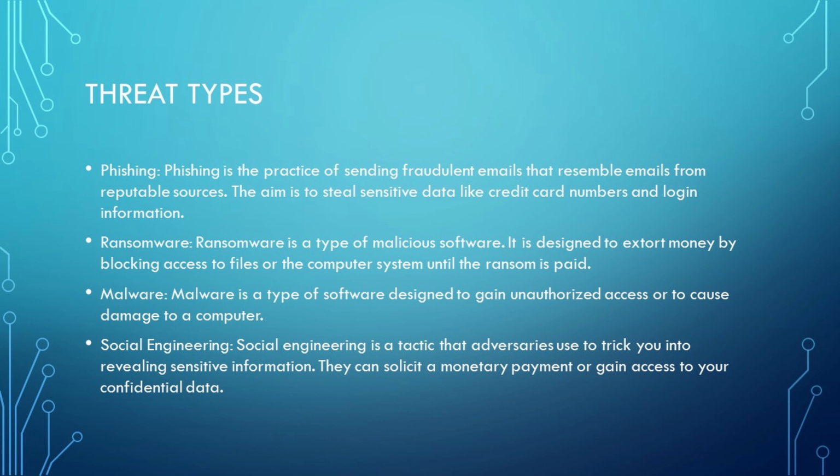It is designed to extort money by blocking file access to your computer system until the ransom is paid. Malware is a type of software designed to gain unauthorized access or to cause damage to a computer. Social engineering is a tactic that adversaries use to trick you into revealing sensitive information. They can solicit monetary payment or gain access to your confidential data.